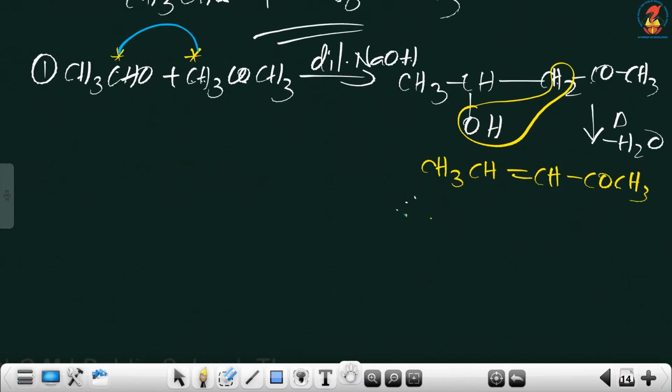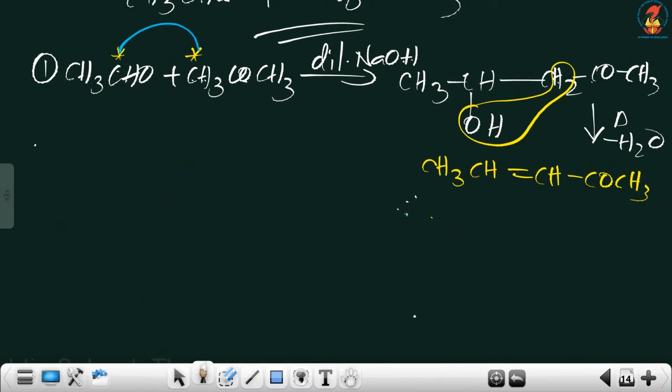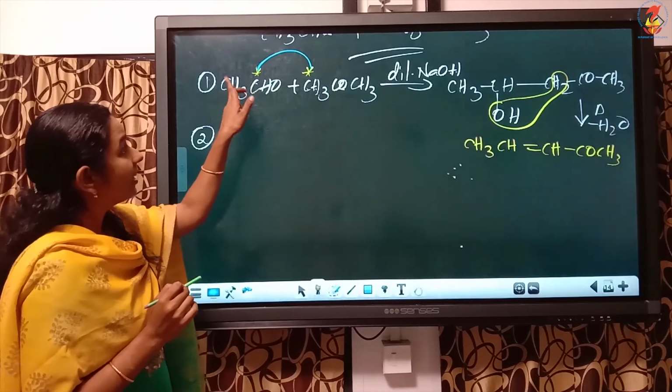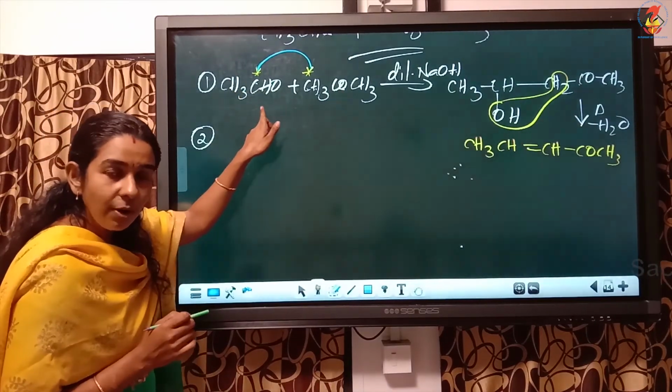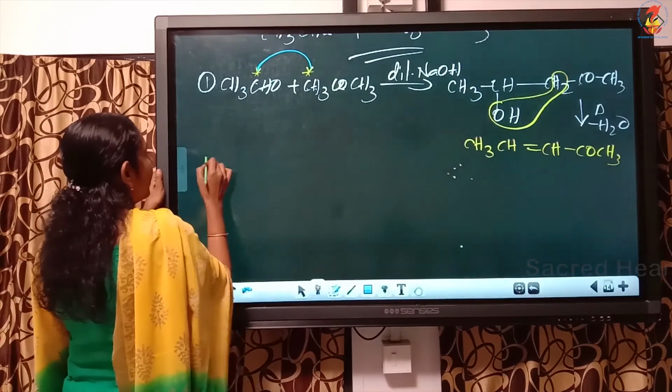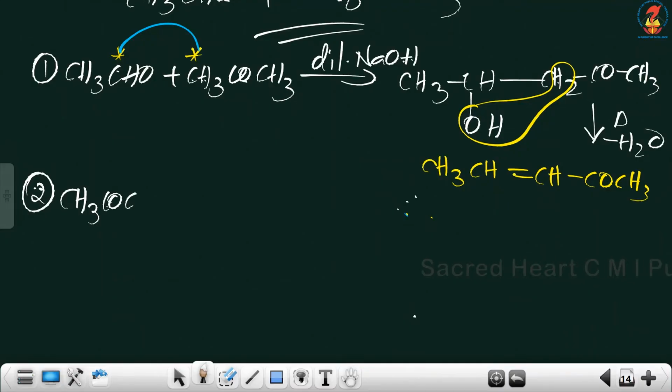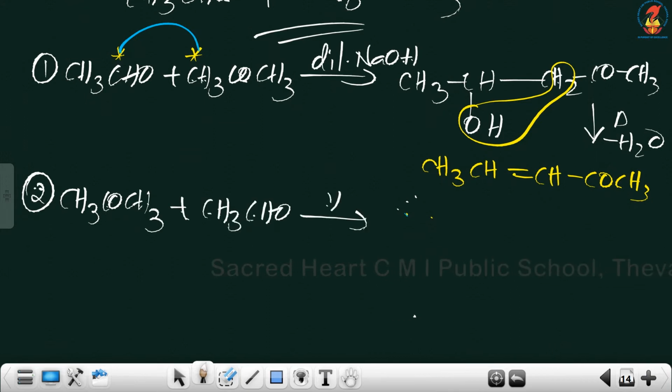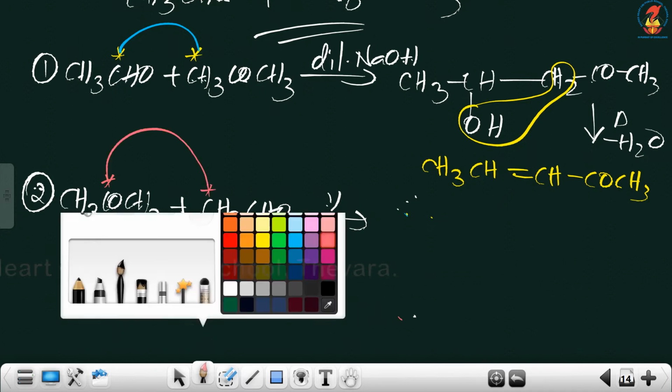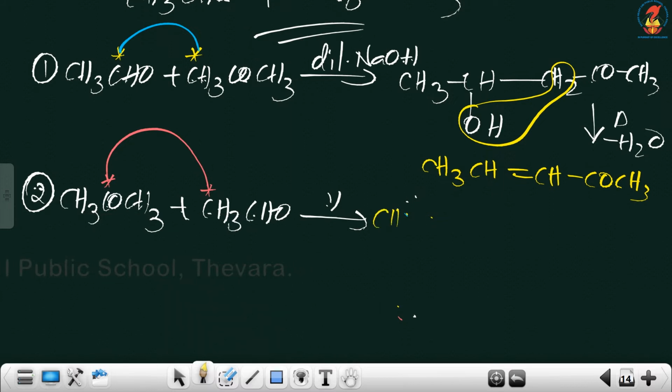Now, the second possibility, I am writing this just opposite. I am marking the carbonyl carbon here and taking the alpha hydrogen from this. That is also possible, isn't it? So, second possibility: writing propanone first and acetaldehyde second with the same reagent. Mark the carbonyl carbon in the first, the alpha carbon in the second, and connect. CH3, C, O will become OH.